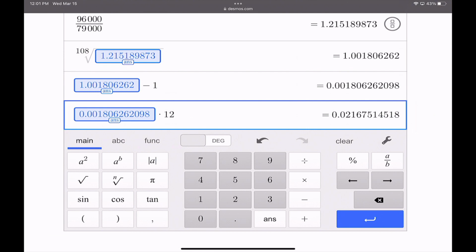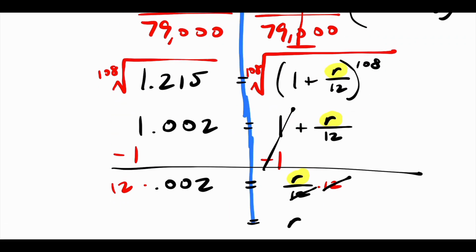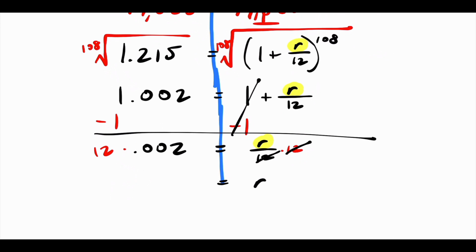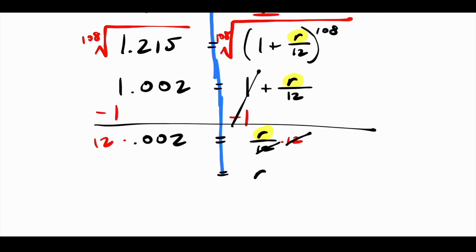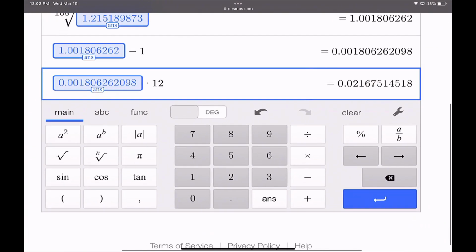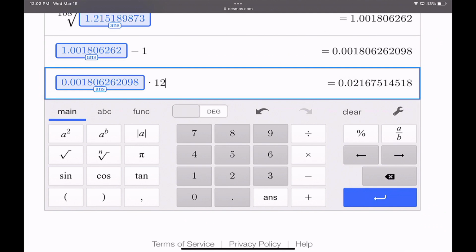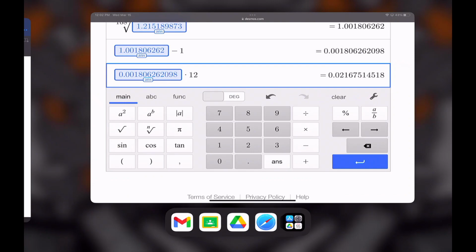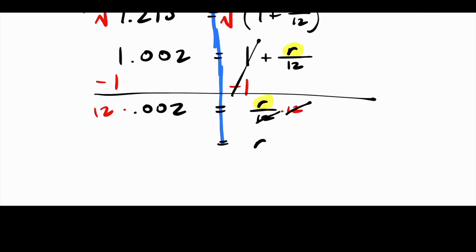All right? And what rate do you get? See, did I do that right? Feeling like I did something wrong somewhere. No. 0.0217.